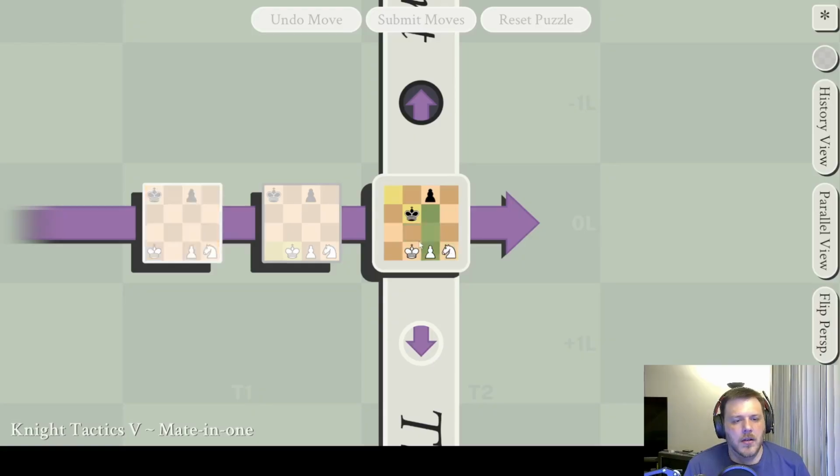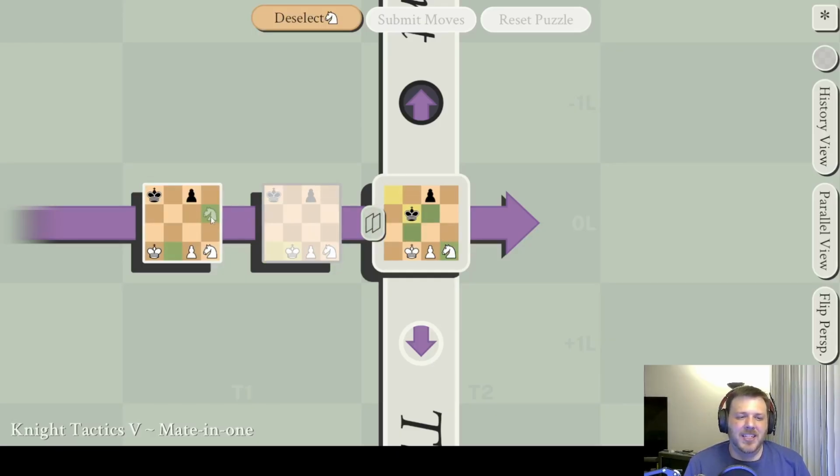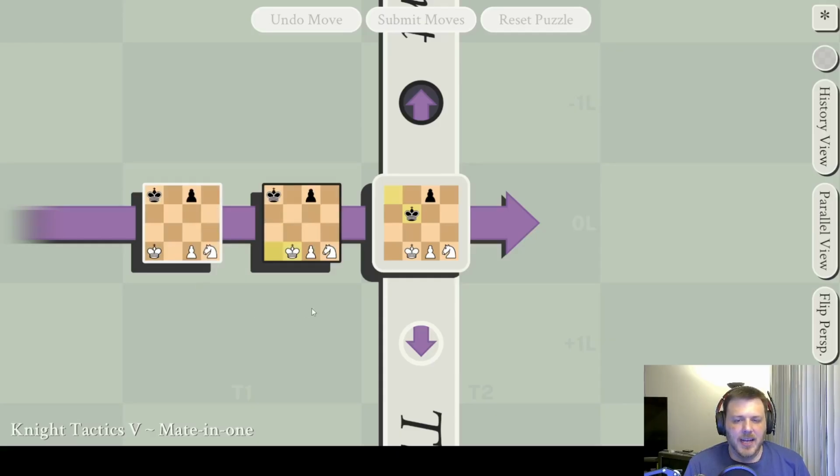This doesn't get me any closer to checking him. It does, because it gets me to... Yes. Alright. You've got to think 5-dimensionally. If I move this knight here, that puts him on this square. We create a split timeline.